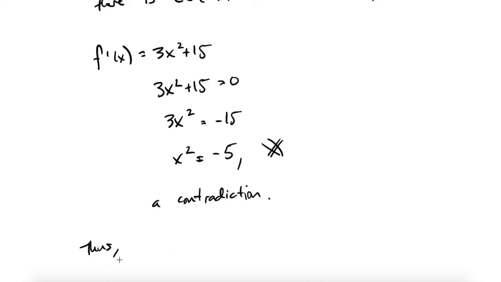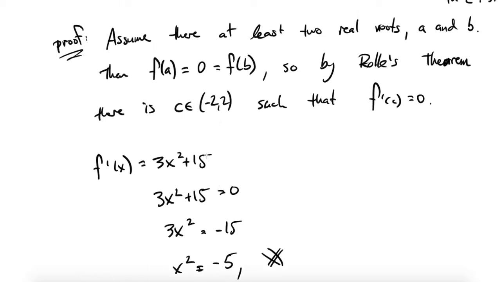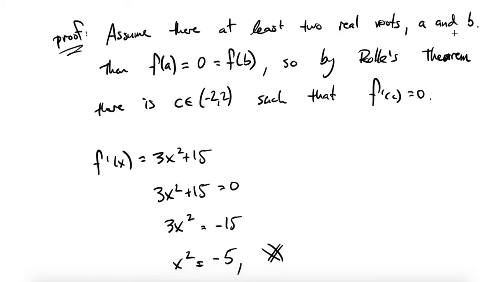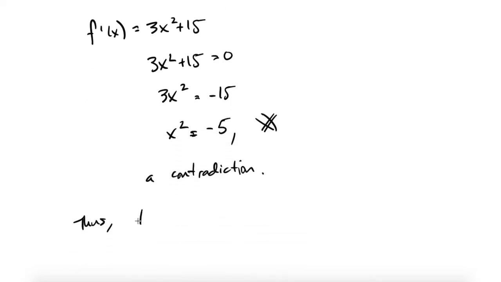So when you're doing proof by contradiction, when you get to your contradiction, you go back and flip your most recent assumption. And the only thing I assumed here at all was that there were at least 2 real roots. So the opposite of at least 2 is at most 1. So thus, there is at most 1 real root of f.